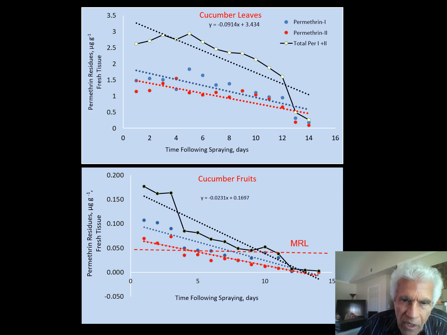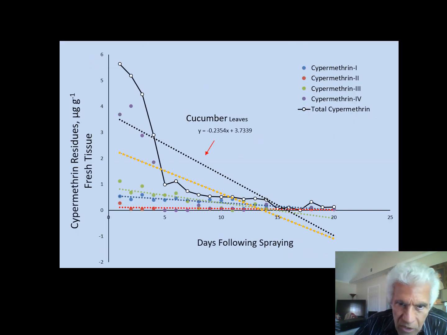For cucumber leaves and fruits, the residues on the leaves were usually higher than on the fruits. This is probably mainly due to the high surface area of the leaves compared to the fruits per gram of sample.